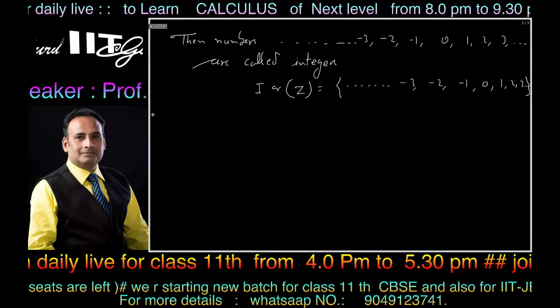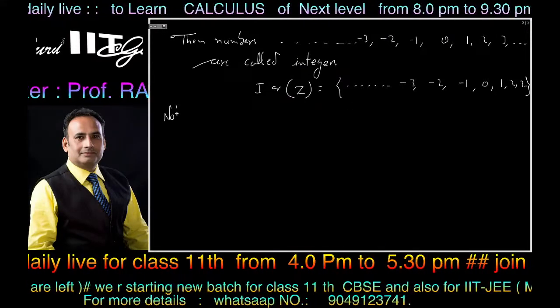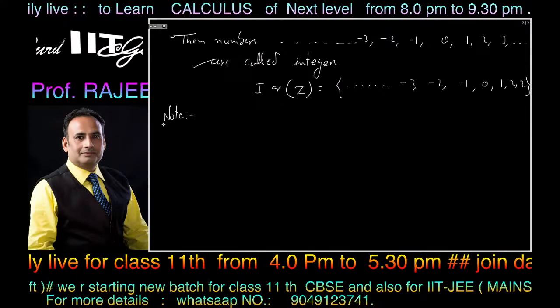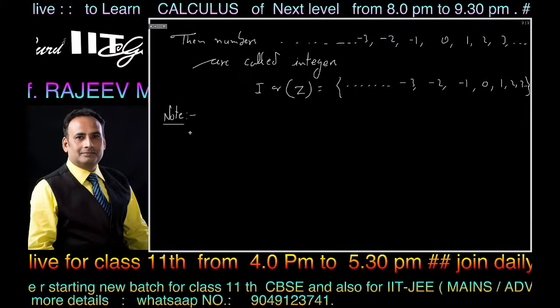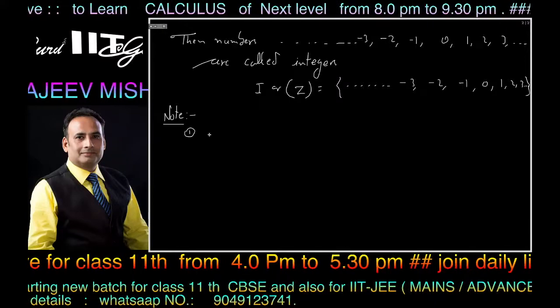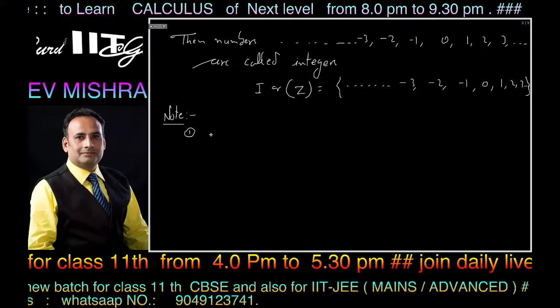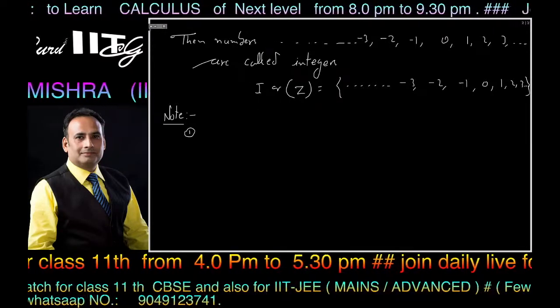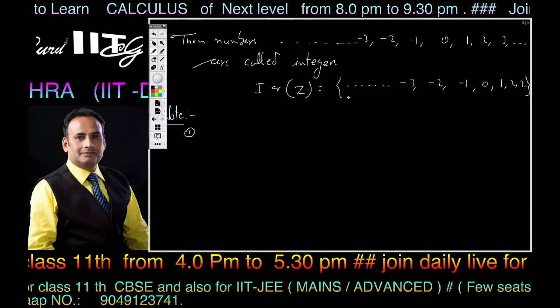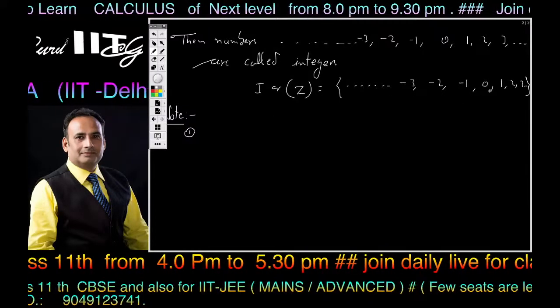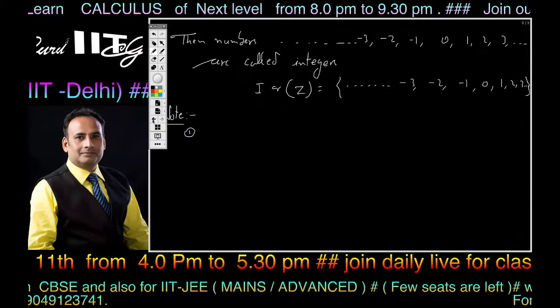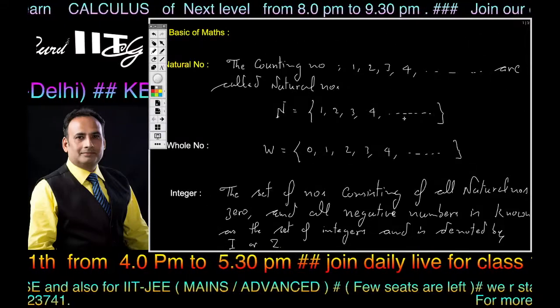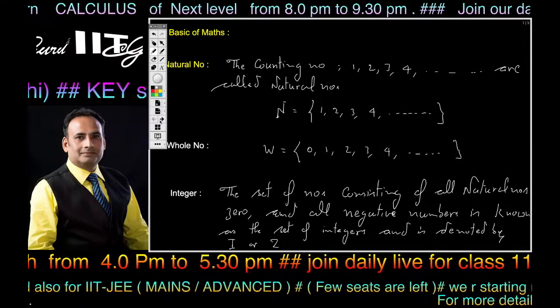Right? Now let me go ahead to the note points. Note point number 1: as you see over here, integers are of three types: negative integers, zero, and positive integers. All the natural numbers are positive integers.